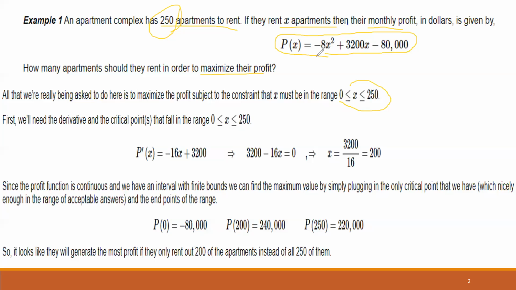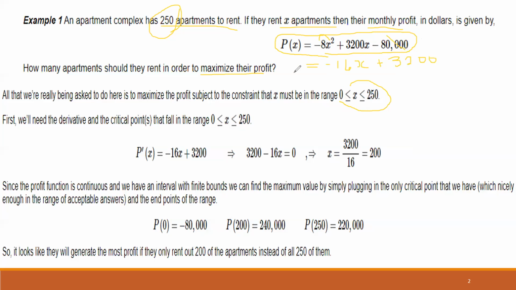So let's differentiate this. The 2 comes in front, so that becomes -16x plus 3200. The constant becomes 0.